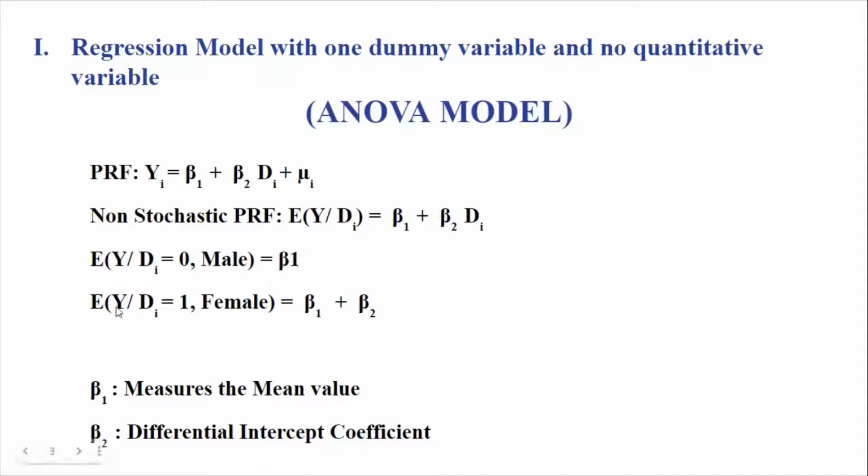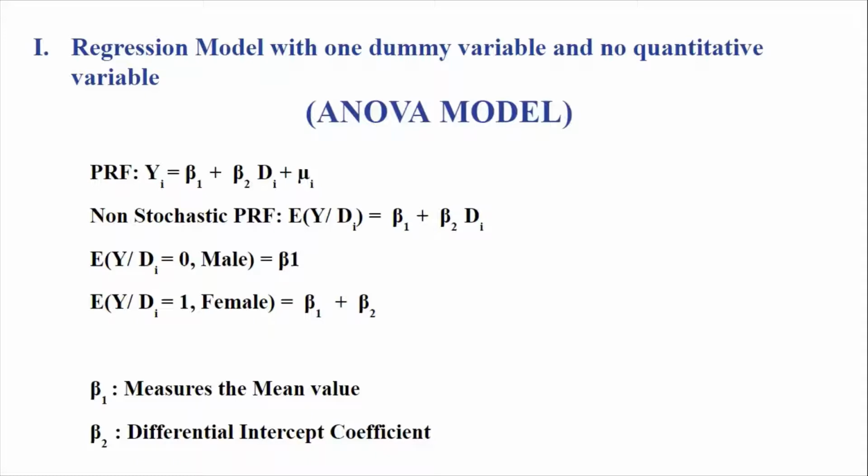Similarly, the expected value of y for given di equal to 1, so 1 was assigned for female, so if the value of di is 1, the expected value of y for given dummy equal to 1 would be beta 1 plus beta 2.